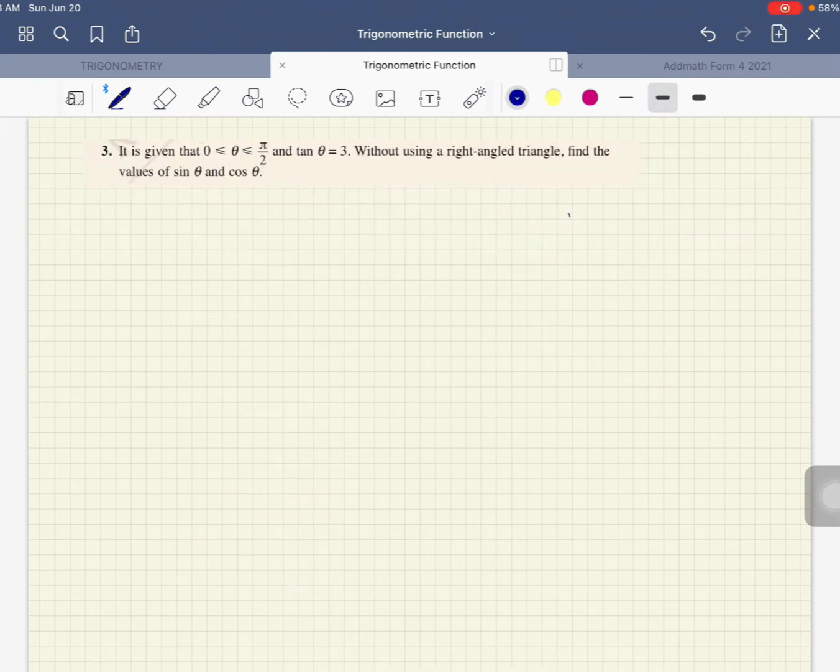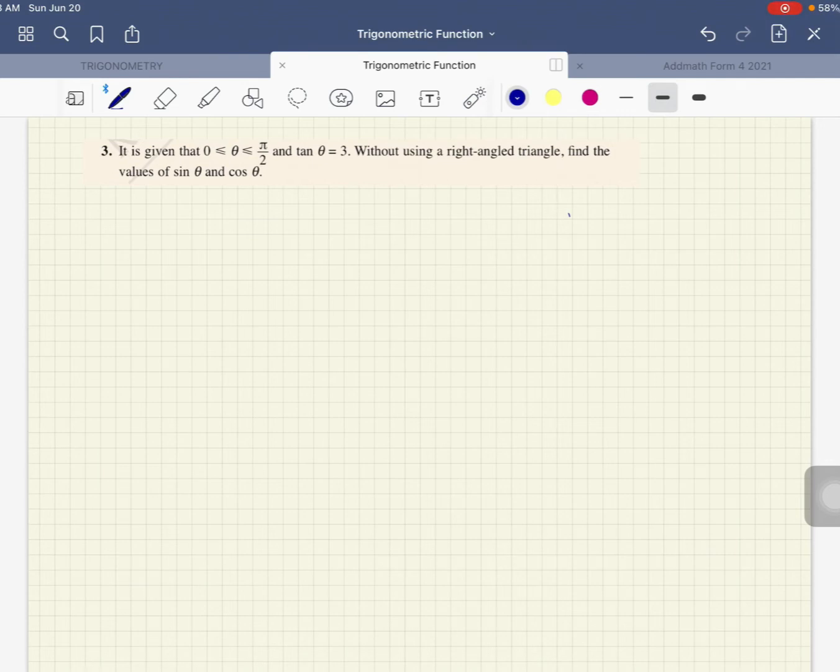Okay, next question is question number 3. It is given that theta is between 0 and pi over 2, and tangent theta is equal to 3. The question says that you cannot use the right angle triangle; find the values of sine theta and cos theta.